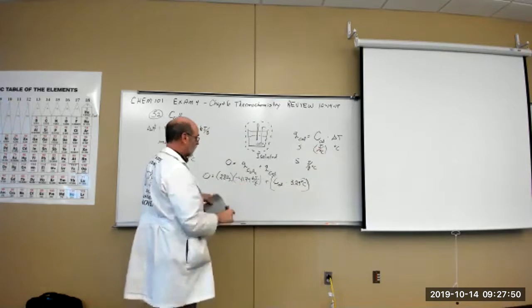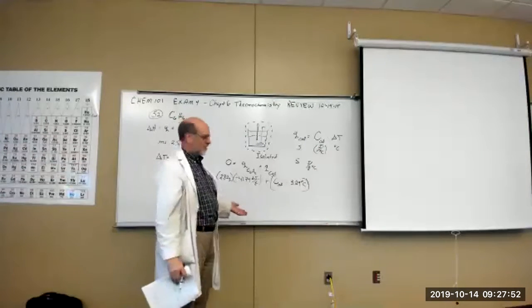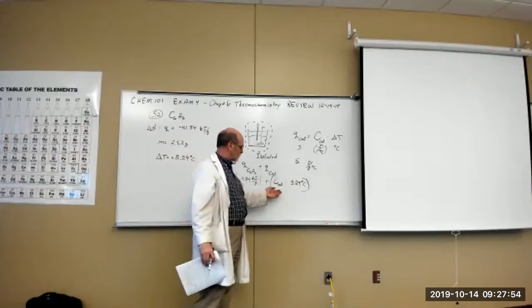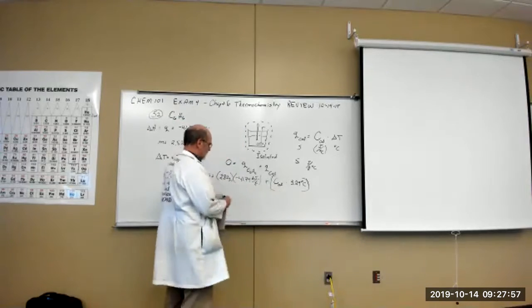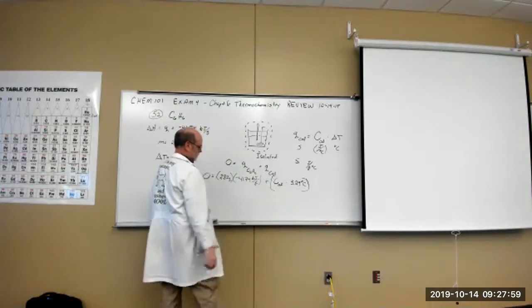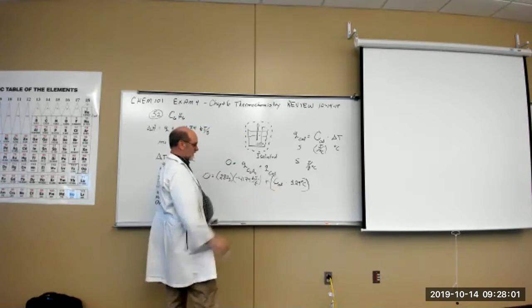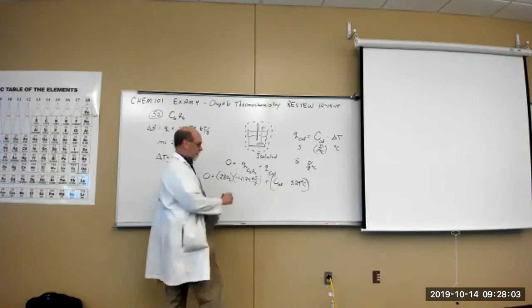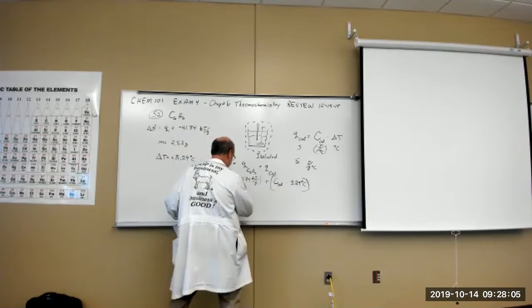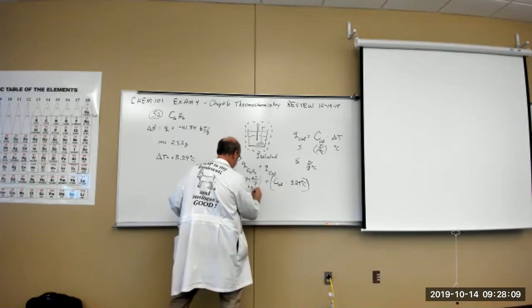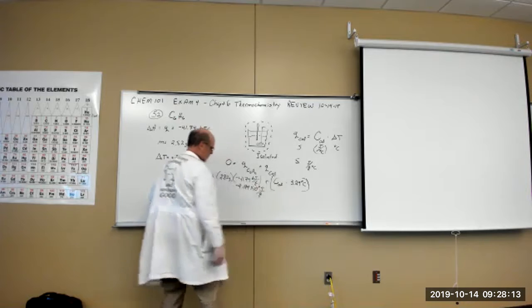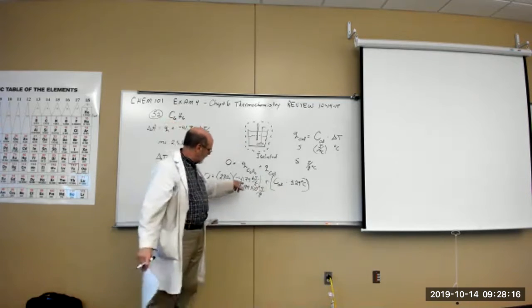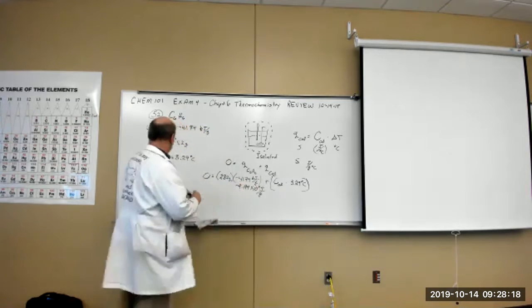All right, so we have a unit discrepancy. This is going to be in terms of joules. This is in kilojoules. So how many joules is this one? It's 1,000 times that, isn't it?